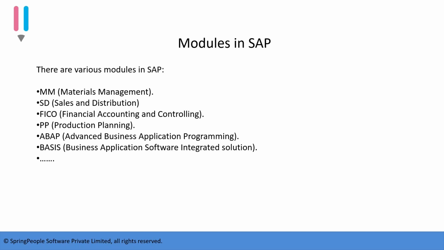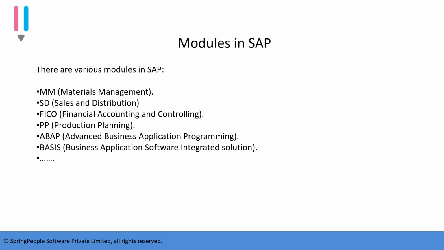In any organization there will be a sales department, purchasing department, accounts department, planning department, quality department, maintenance department, warehouse department, and many more. All the modules which are directly related to some department in an organization are called functional modules.